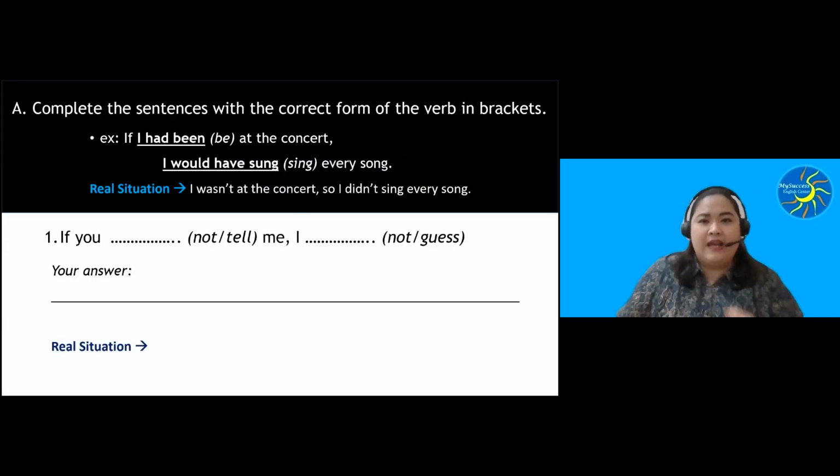Now I want you to try it by yourself. Here, I need you to complete the sentences with the correct form of the verb in brackets. I already gave you the sample. If I had been at the concert, I would have sung every song. And the real situation is, I wasn't at the concert, so I didn't sing every song.